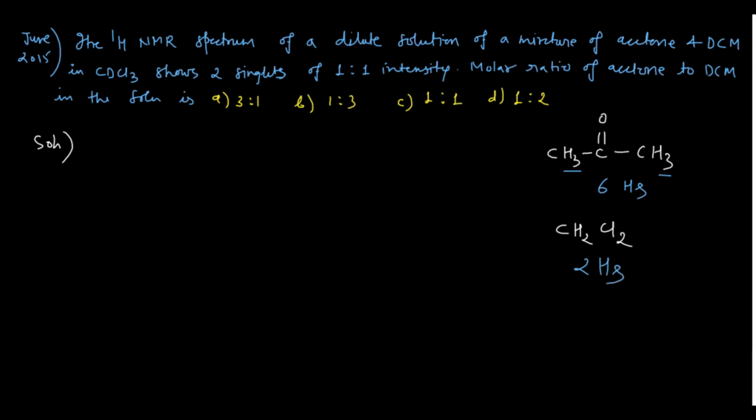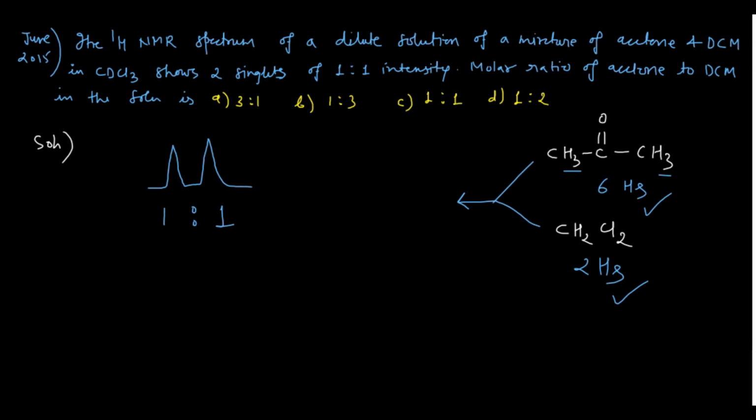hydrogens. So if you take the NMR of the mixture, acetone will give you the intensity of 6, and dichloromethane will give you the intensity of 2. But in the question itself it is given that we are getting an intensity pattern of 1:1, not the pattern of 6:2, or rather the 3:1.